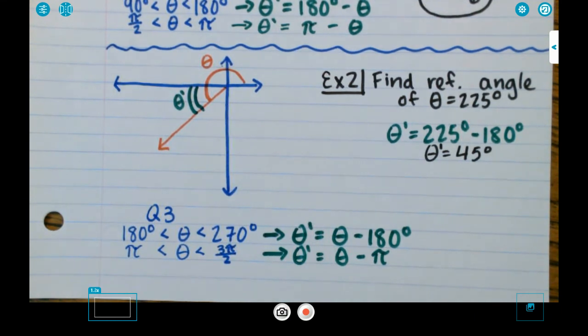So that way, instead of having to do trig functions between 0 and 360 degrees, you only have to do trig functions between 0 and 90, basically. Boiling it down. All right. Any questions about our second example and quadrant 3?